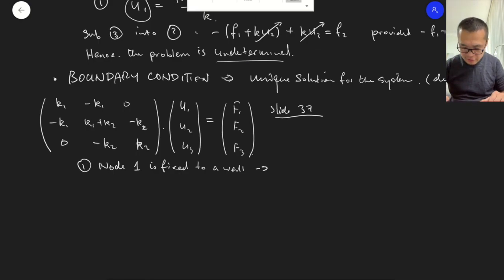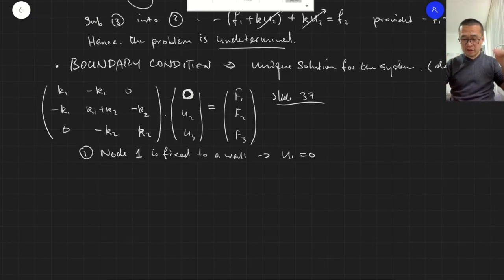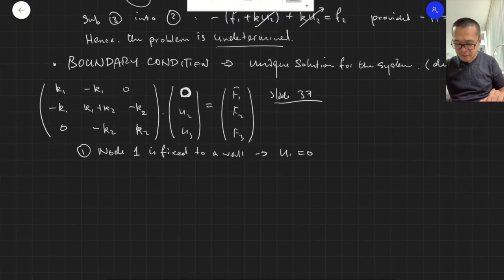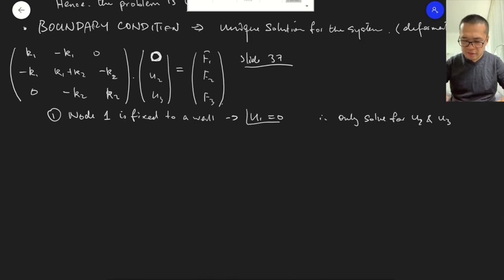That means U1 is not going to deform anyhow, so U1 equals 0. That means one of the boundary conditions is 0 here, right? And we only need to solve for U2 and U3 in this case.